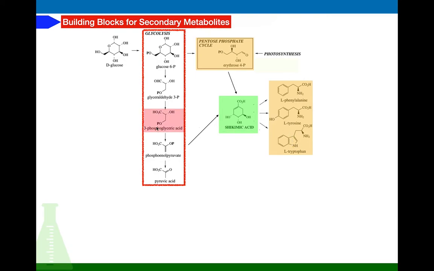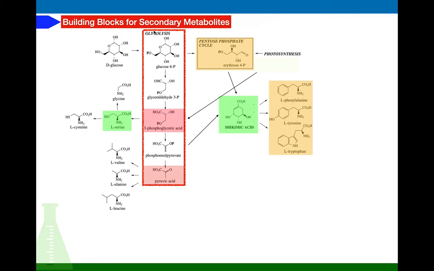One of the intermediates in the glycolysis process, 3-phosphoglyceric acid, in addition to being produced by glycolysis, is also produced during the process of photosynthesis. This molecule gives rise to L-serine, another amino acid that is responsible for the formation of glycine and cysteine amino acids.